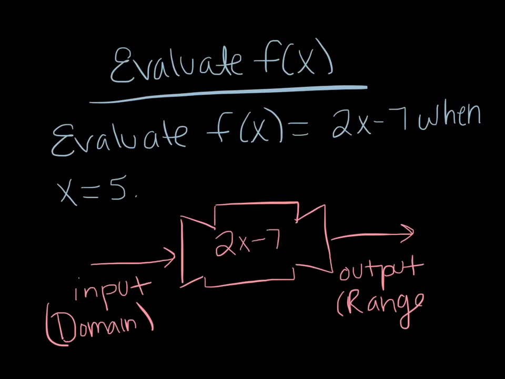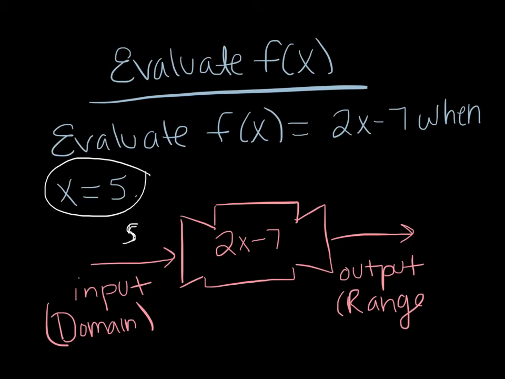Okay, so when x is 5, we know that x is always my domain. So I'm going to put x equals 5 as my input. That means 5 is my domain, so 5's going in there.